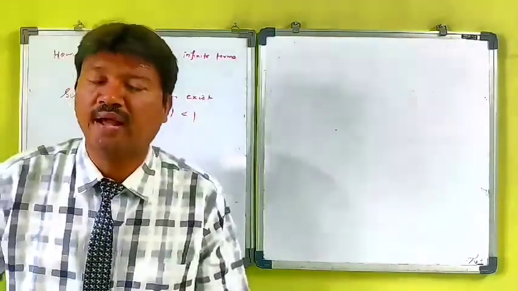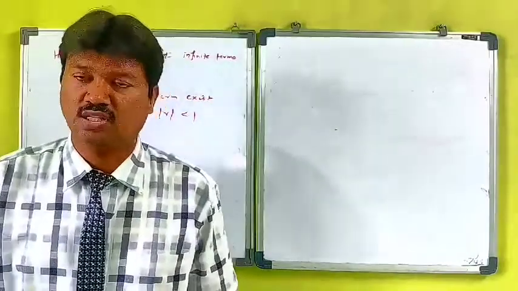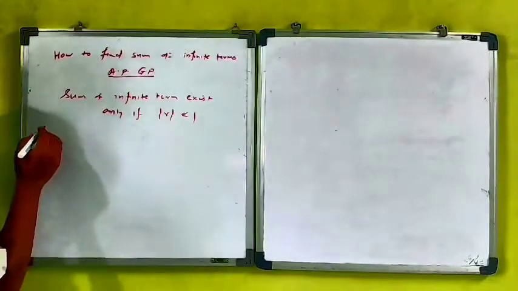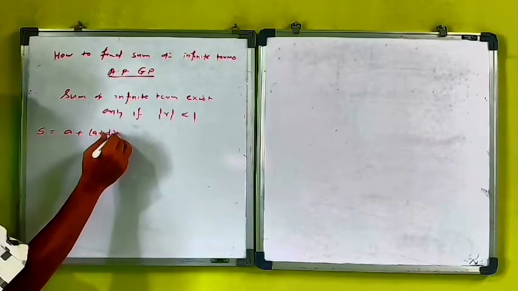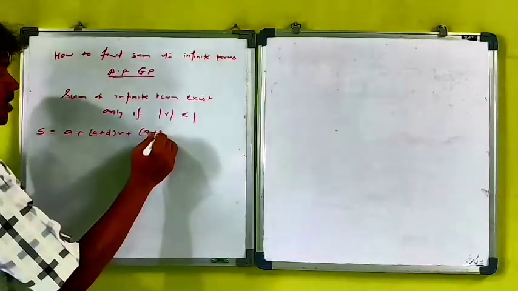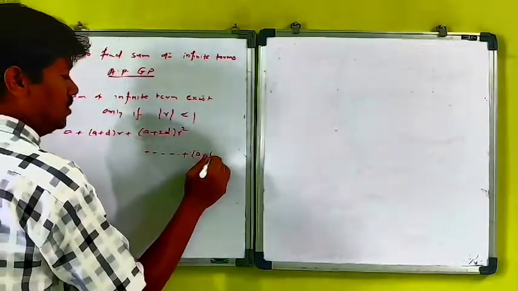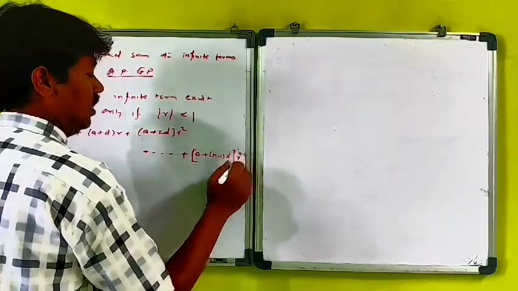Because if mod of r is not less than 1, then the sum of infinity will be infinity. So that is a very important concept. So in this case, suppose S is a plus (a plus d) into r, a plus 2d into r square, like this, a plus (n minus 1)d into r raised to n minus 1.